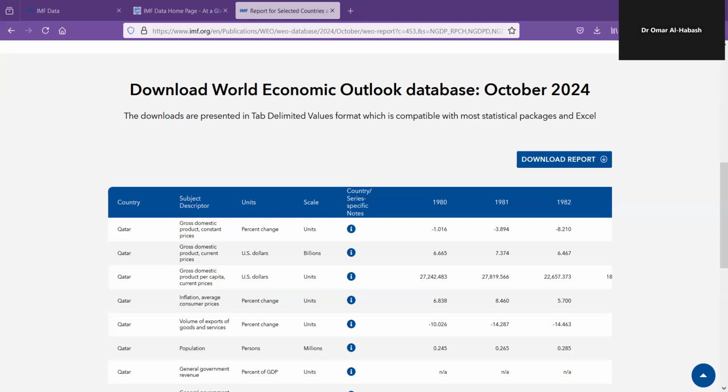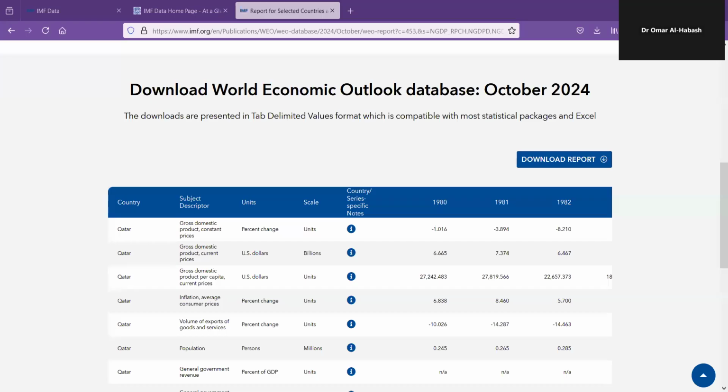So if you look at 2019, 2020, 21. Okay, looking at the volume of exports of goods and services, that's the percentage change. So in this case, you look at the increase.